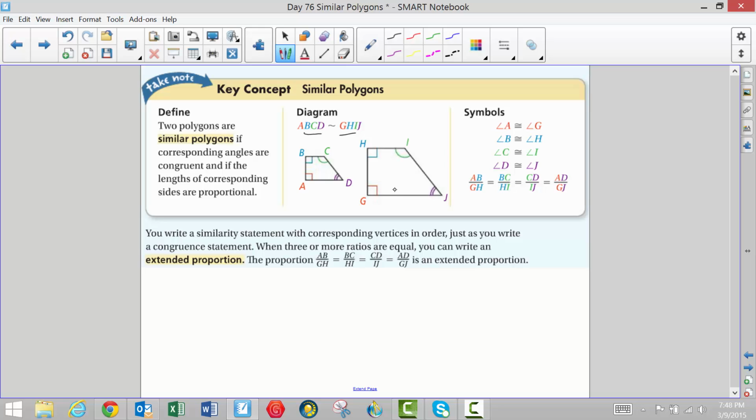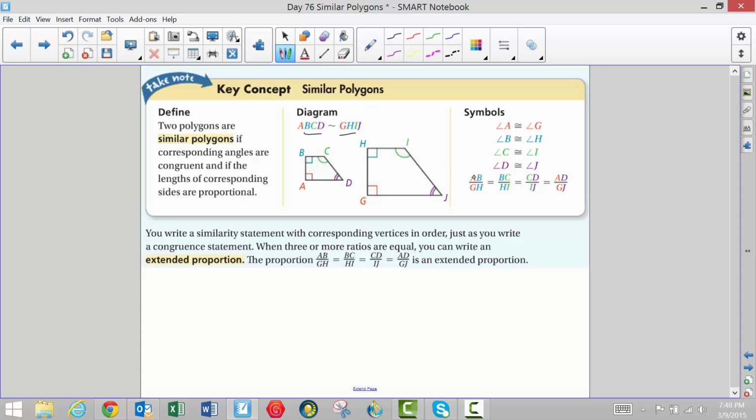So I have a trapezoid and I have BCAD and HIGJ. I know that my angles are corresponding congruent, so B goes to H, C to I, A to G, D to J. Okay, so the angles have to be congruent correspondingly. And the side lengths all have to have the same ratios.